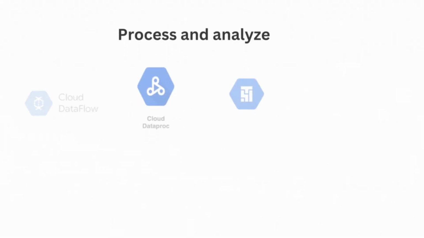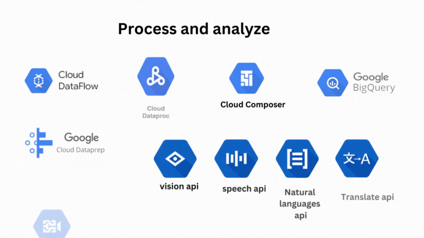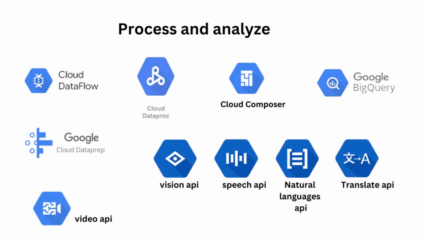Second one is process and analyze. Let's look into the services for data processing and analysis. For this purpose, GCP provides various services like Dataflow, Dataproc, Cloud Composer, BigQuery, AI Platform, Cloud Vision API, Cloud Speech API, Translate API, Natural Language API, Dataprep, Video API.